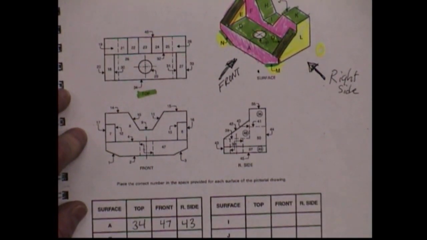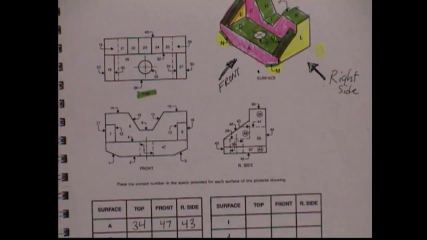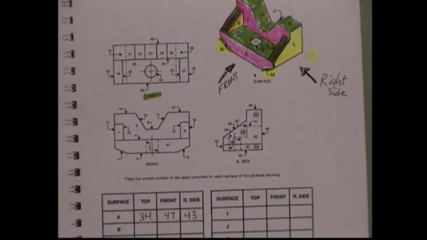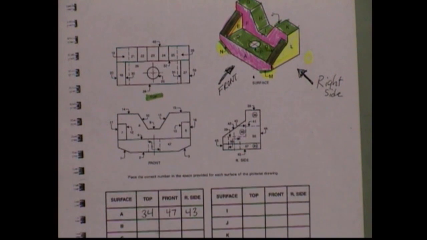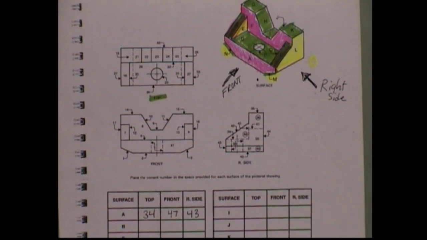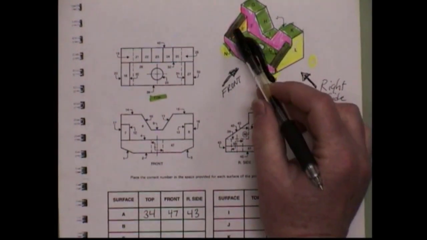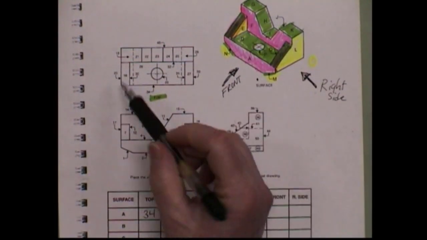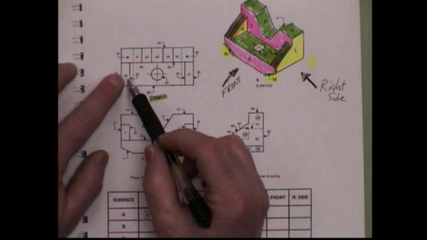Okay. And then D, we zoom out a little so we can see this more. B, and the top view is what? This was B, so we're going to see B over here.